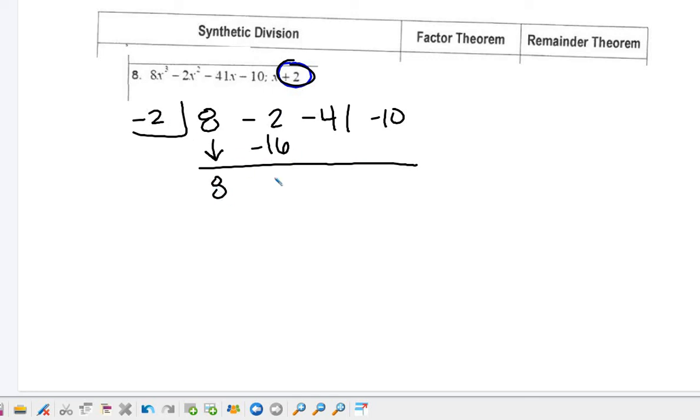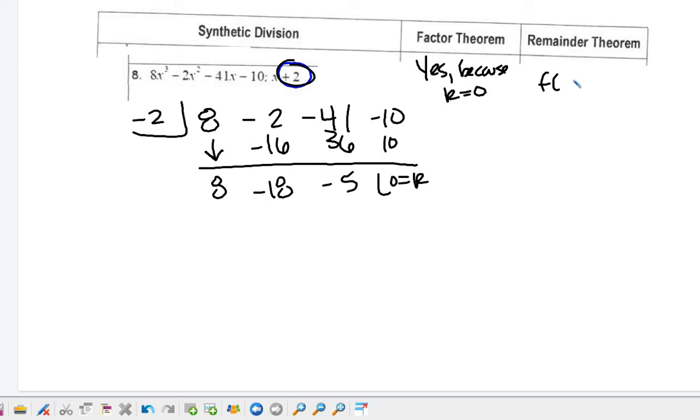Multiply, add, multiply, so negative 18 times negative 2. 36, add a negative 41, it's negative 5, a positive 10, gives me a remainder of 0. So yes, because the remainder is equal to 0, and remainder theorem means f of negative 2 is equal to 0. Okay?